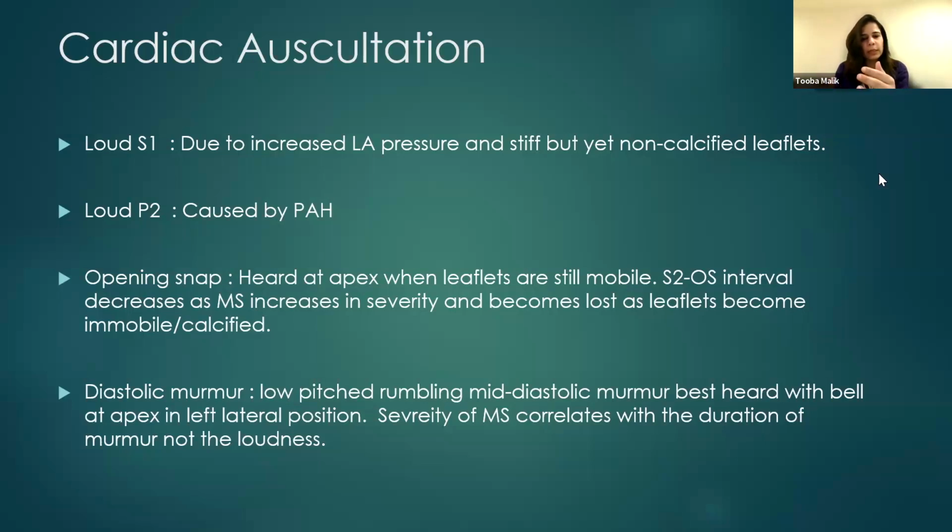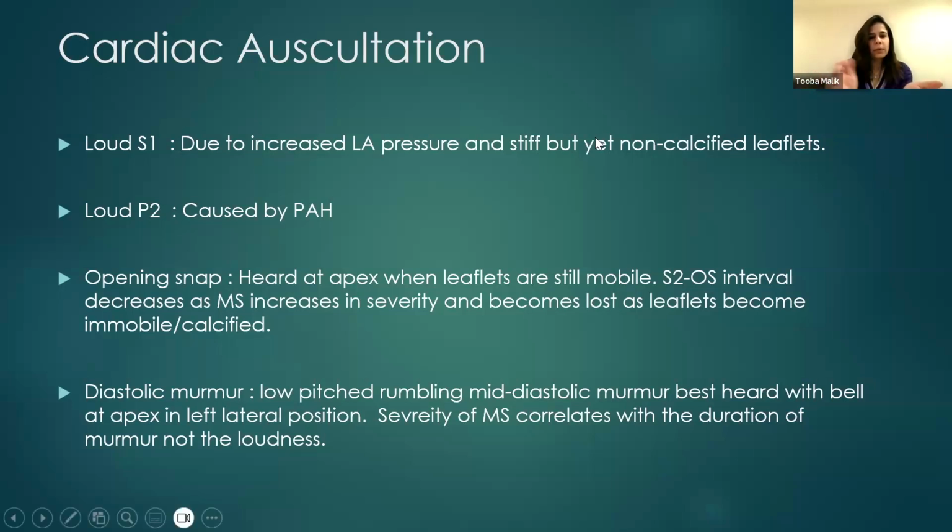And that's when the mitral valve is closing, and that's where it's very stiff and it closes with high pressure. It opens with high pressure, and that's where you hear a loud S1. And obviously, you can have a loud P2, sometimes a palpable P2 as well, because of your pulmonary artery hypertension. That's when the pulmonary valve is under pressure and it's closing under increased right-sided pressures.